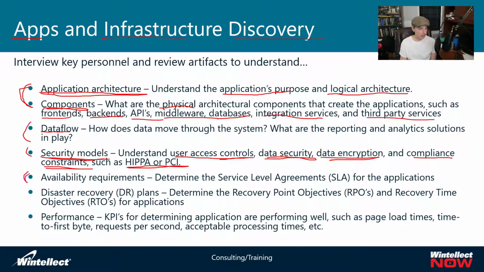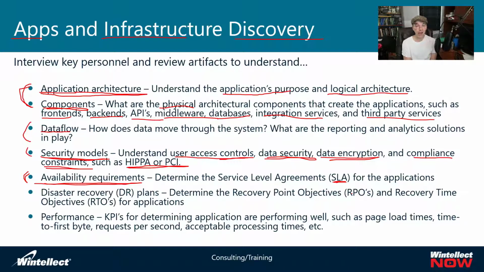Another thing that's really important that is often overlooked whenever folks start to do apps and infrastructure discovery is availability requirements. And this is going to establish an SLA for an application, because SLA in the cloud and how you implement that is generally going to look a little different than the way you do that on premise. An SLA is typically defined by a percentage of time in a given period that an application is supposed to be up.